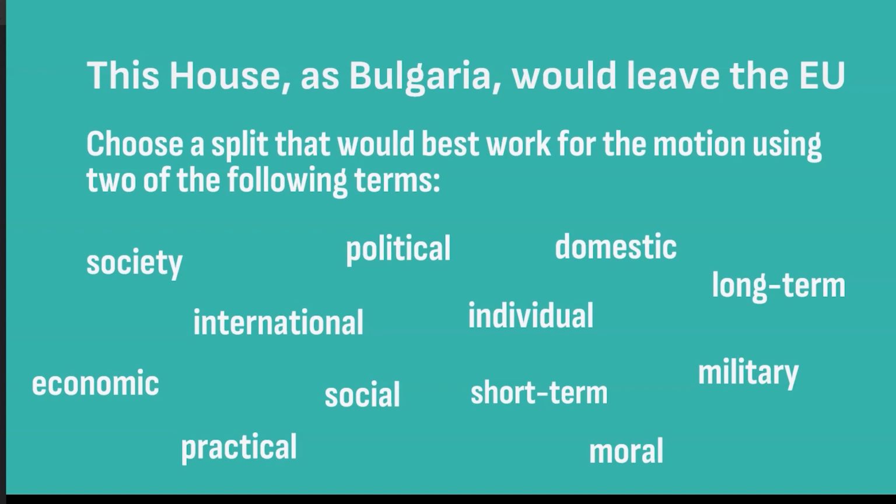After you have thought of some of those, think about what arguments could be made based on those stakeholders and status quo, and choose two terms that you can use for a split when making your arguments. This might take some time, so I'm going to give you 1 or 2 minutes to think about it, and if you have any questions, you can ask, and I'm going to guide you with it.